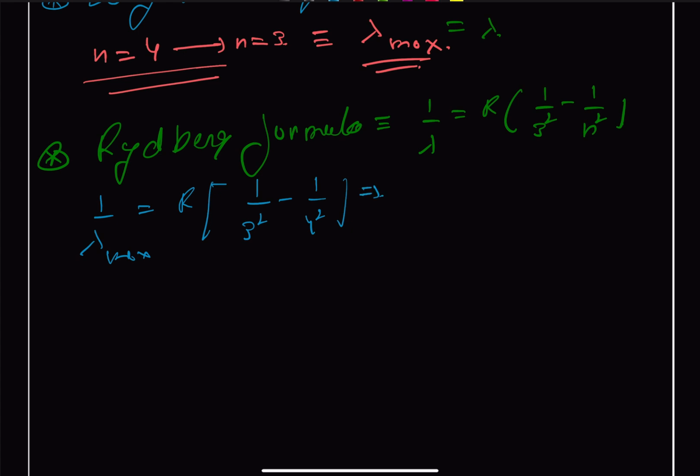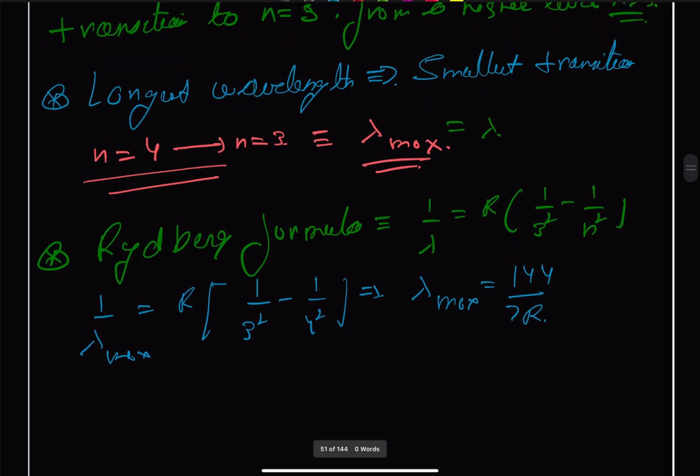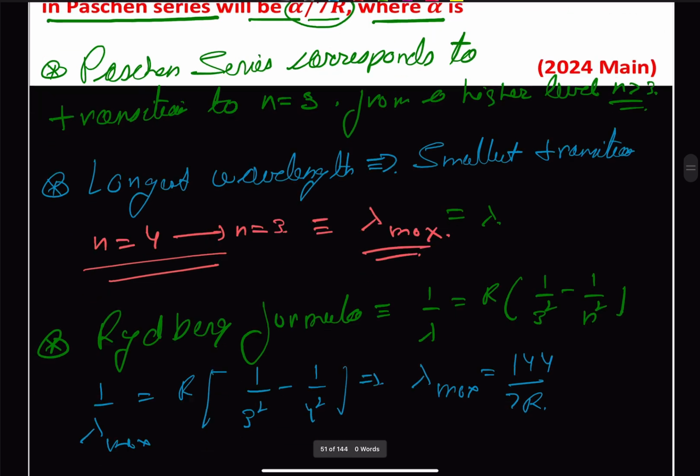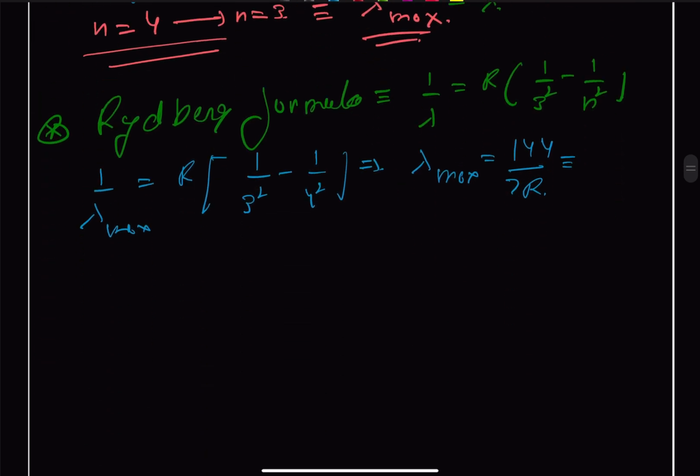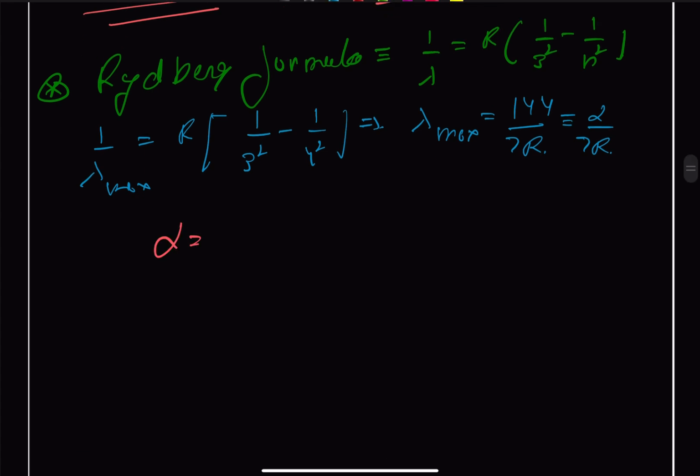From here we get lambda max is equal to 144 upon 7R, but it is given as alpha upon 7R. Therefore our alpha is equal to 144.